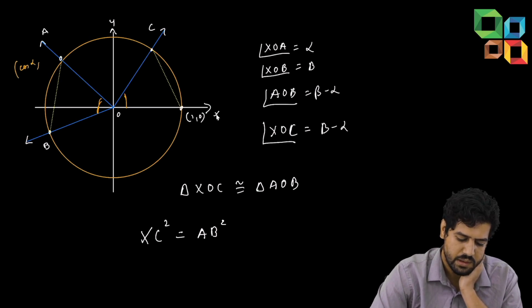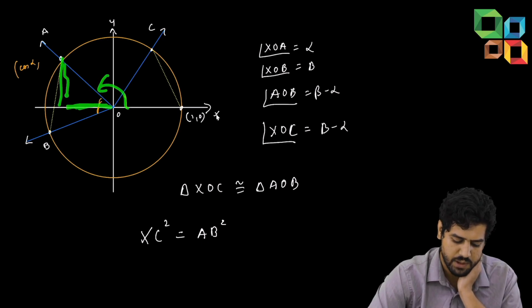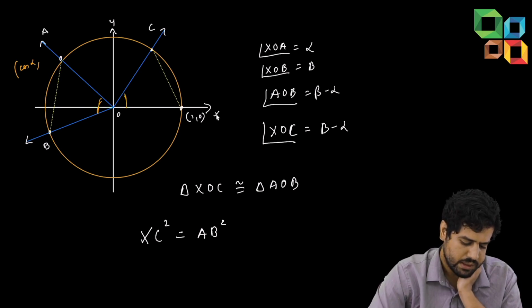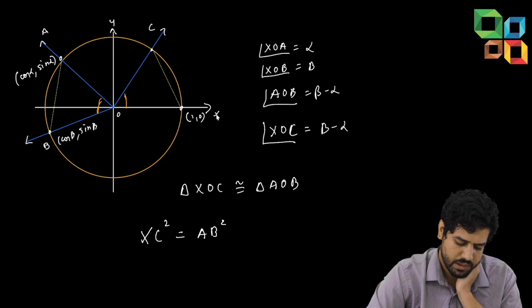We have seen this. If you take any angle alpha, this x coordinate has to become cos alpha. The y coordinate will be sine alpha, right? So this is cos alpha, comma sine alpha. Similarly, this point will be cos beta, comma sine beta.